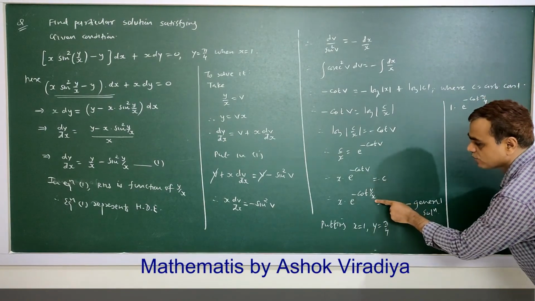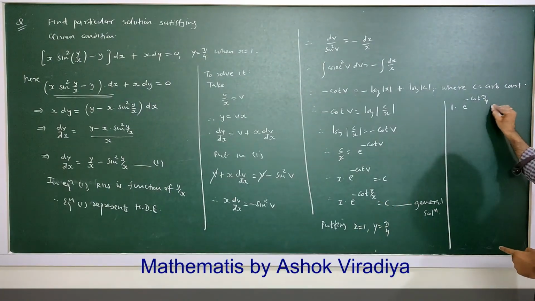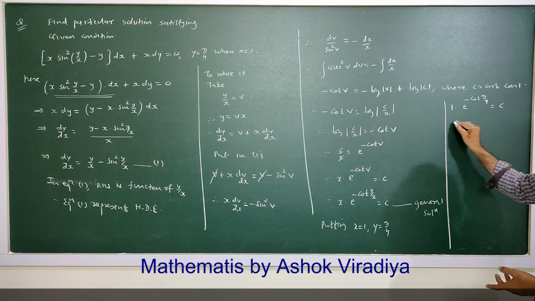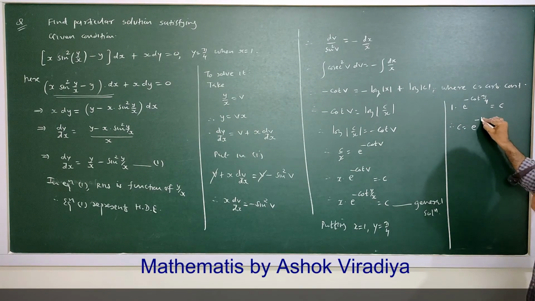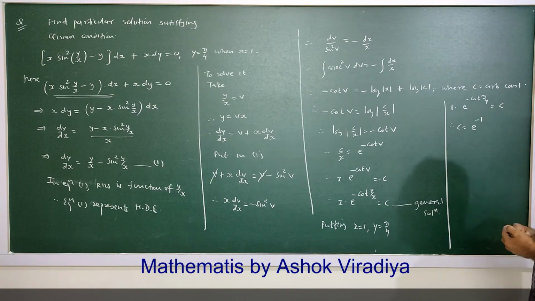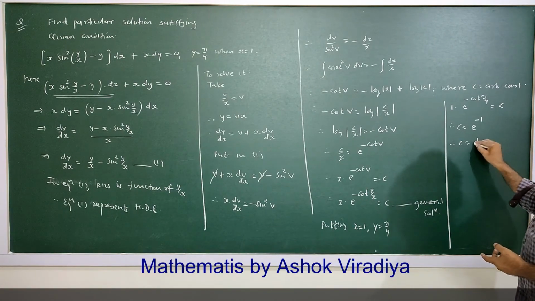Here y is pi by 4, x is 1, equal to c. So c is e raised to minus, now cot pi by 4 is 1. So c is 1 upon e.